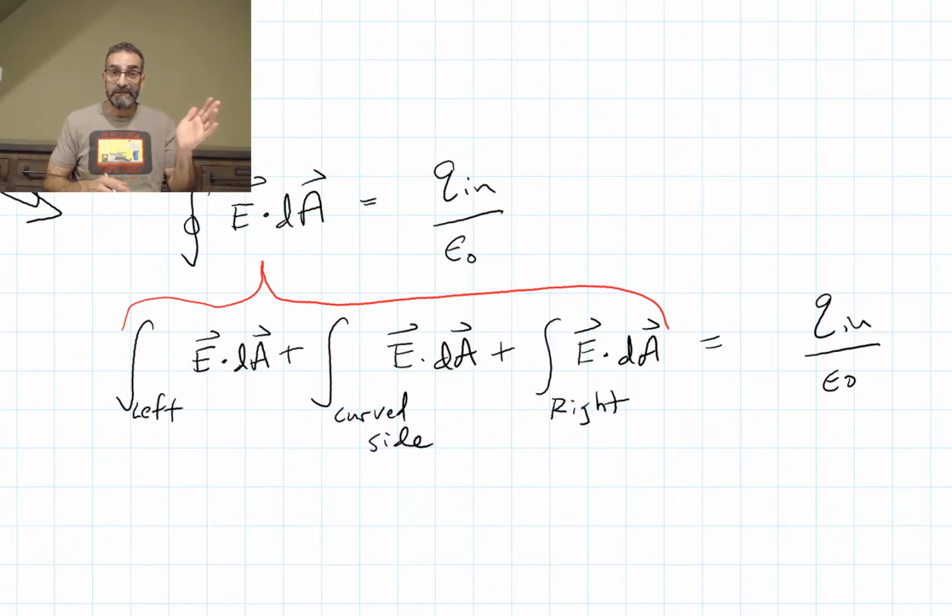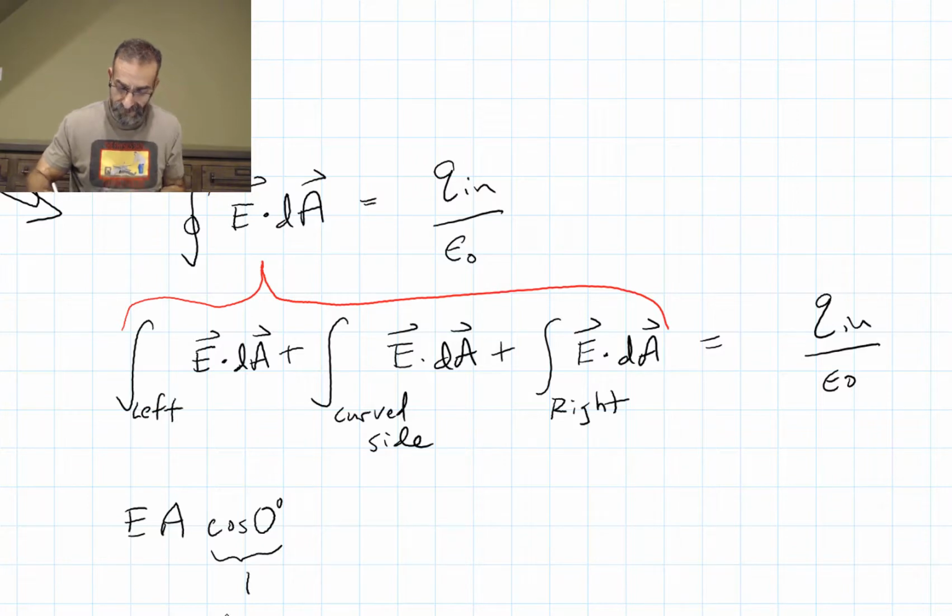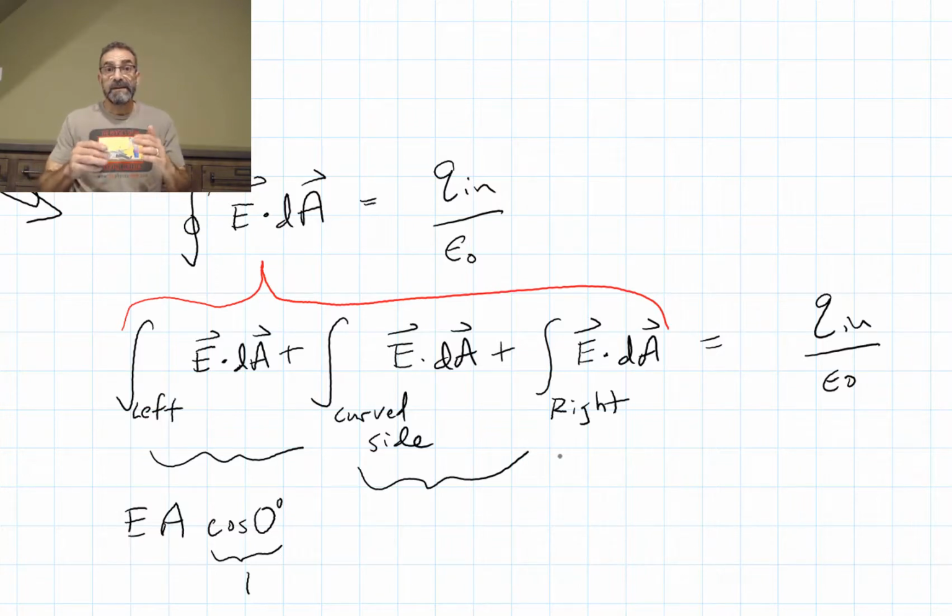The left side is perpendicular to the electric field. So this is just the electric field times the area times the cosine of 0 degrees, which is 1. The curved side, the electric field never penetrates it, right?